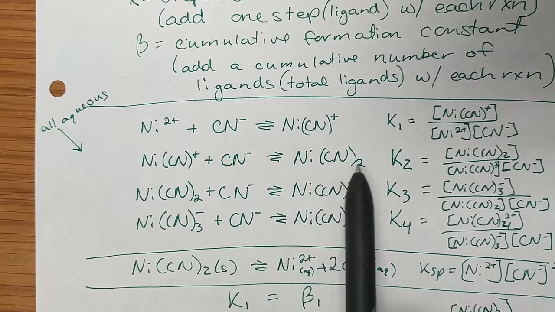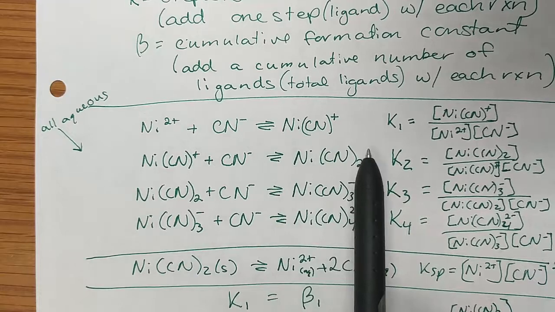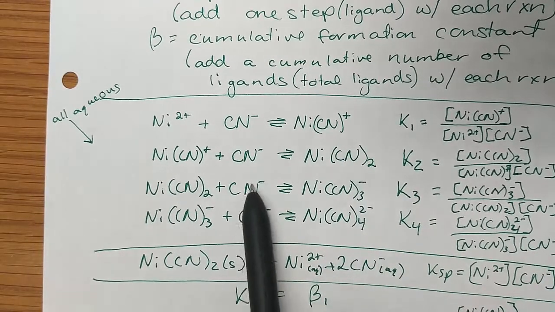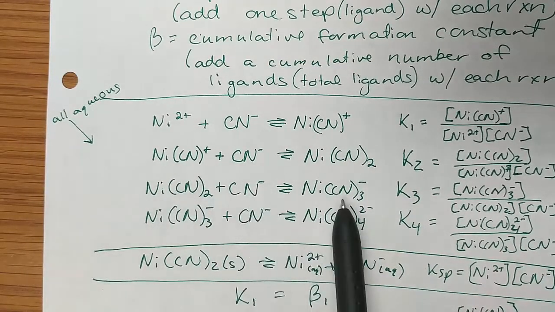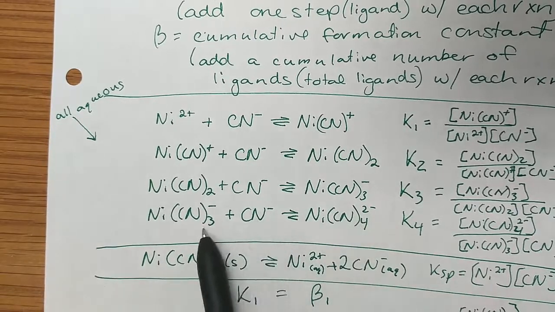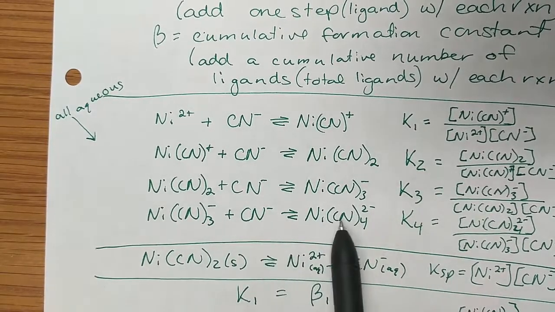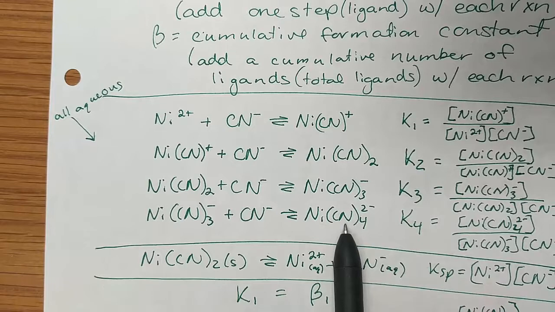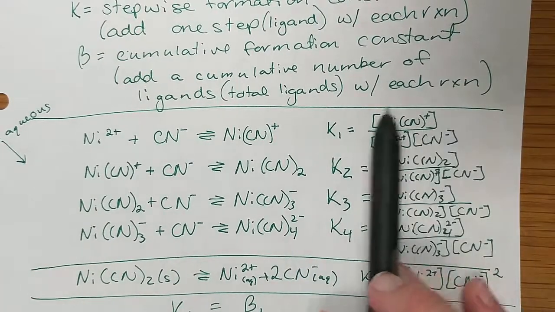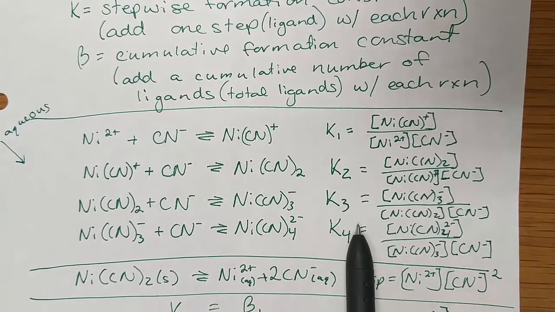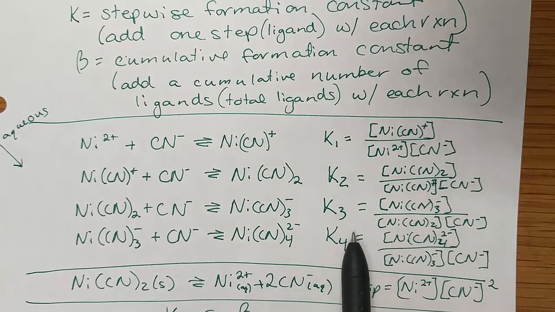It's going to form a new complex. Now, if there are any more cyanides, they can attach to it and form a new complex. And then if there are still more cyanides, we can attach and form another new complex in another step. And so that's why all of these are called my stepwise formation constants. Those are all given Ks.